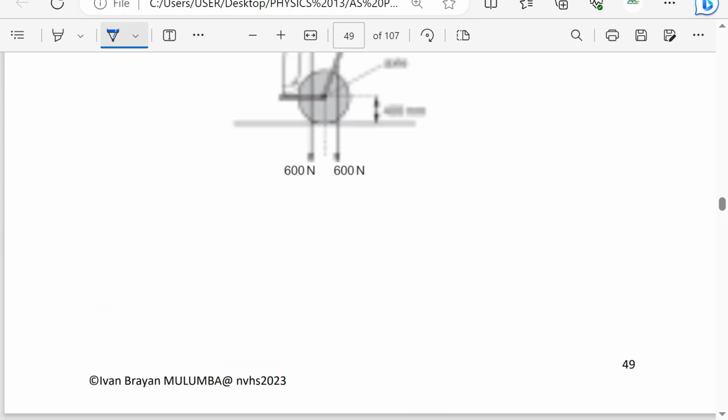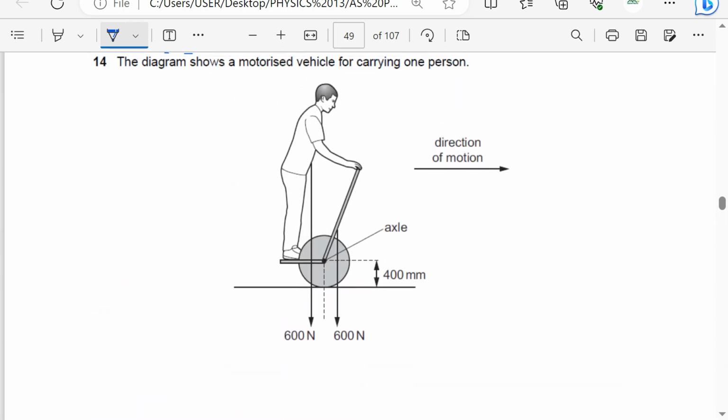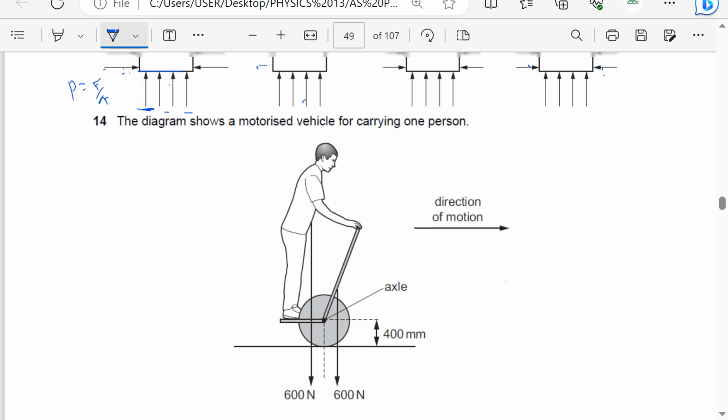Okay, let's go back to the diagram. So number one, the weight of the machine is going to be exerting a clockwise moment. And what is this moment? I will try to calculate it.